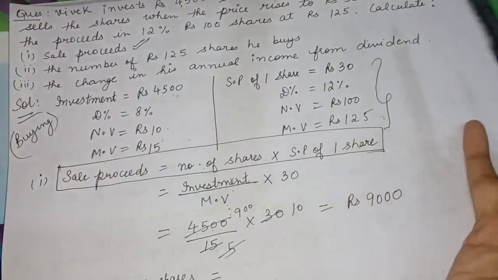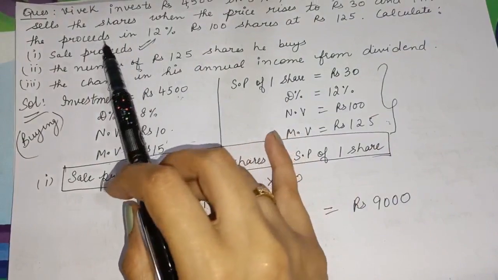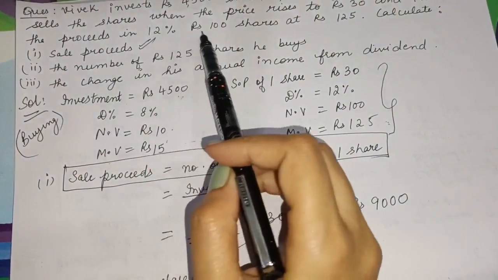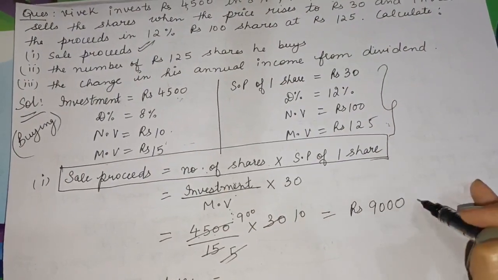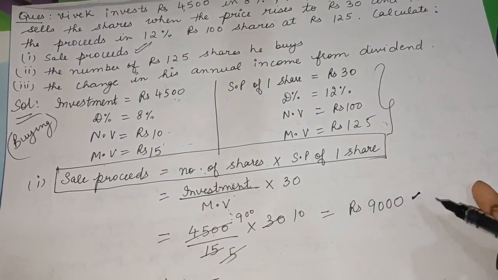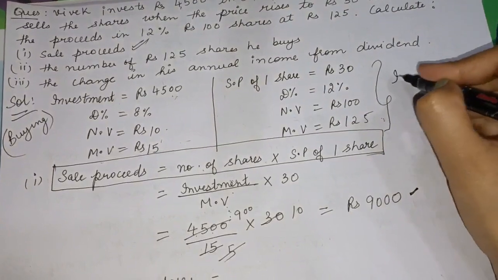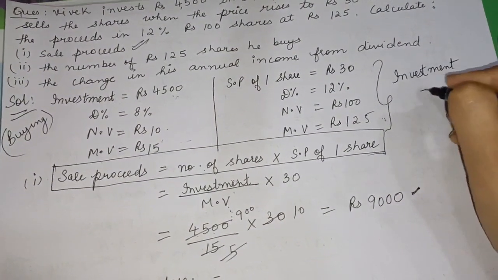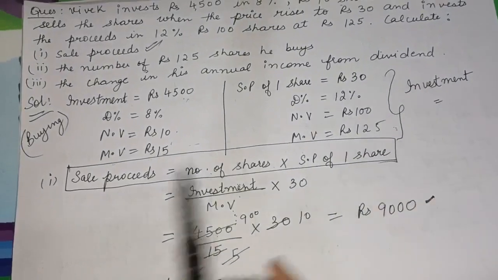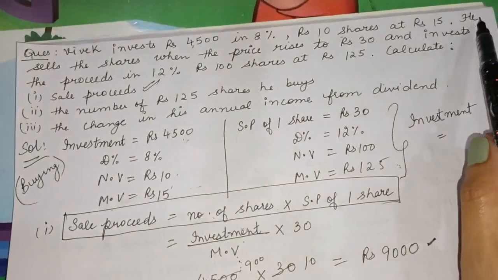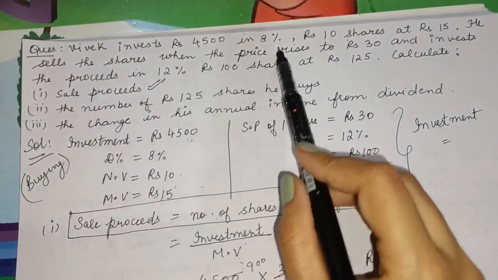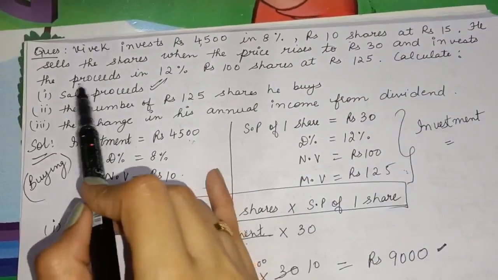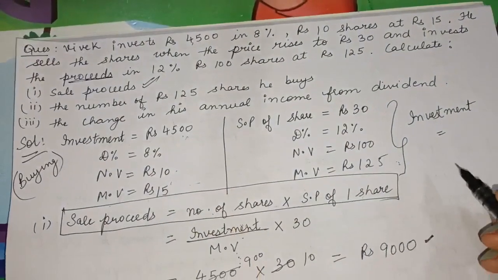As you read the statement, it says invest the proceeds in 12%. So what is the proceeds we found? 9,000. That means in this case, what is the investment? The investment is the sale proceeds, because the question says he sells the shares when the price rises to this, and invests the proceeds. Only the proceeds he is investing.